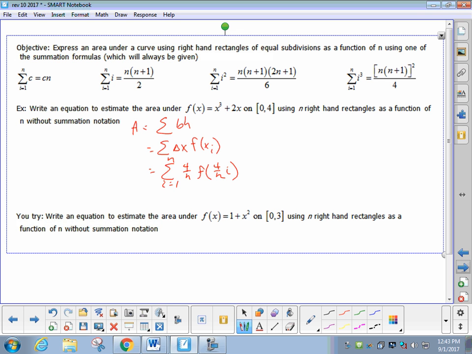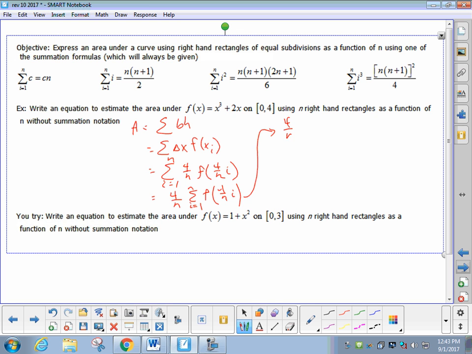Now, for this function, let's start with this. The 4 over n is not part of the counter. It's really out front, and you can't pull it out front of the summation notation because it doesn't have an i component in it. We do that a little in limit problems sometimes.